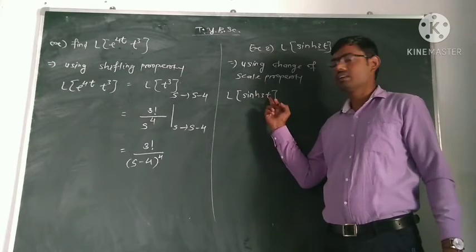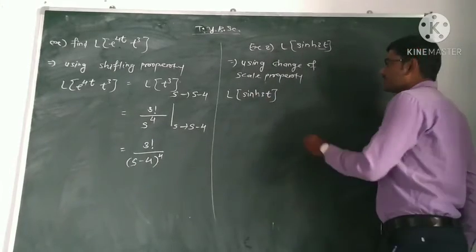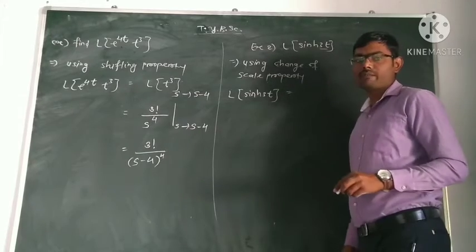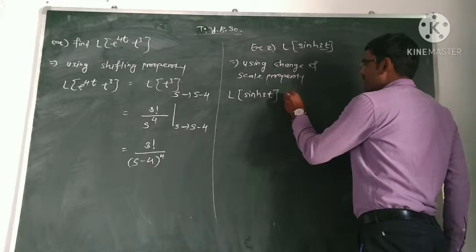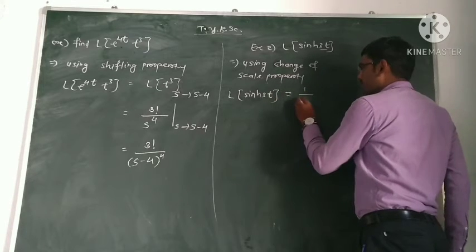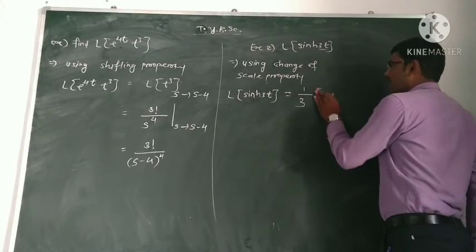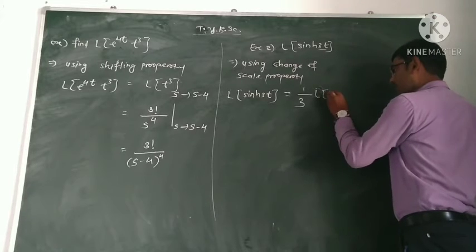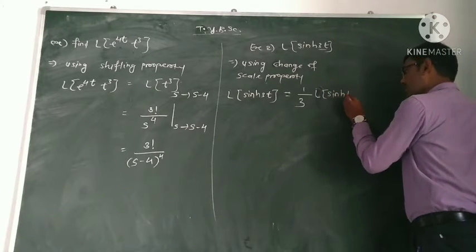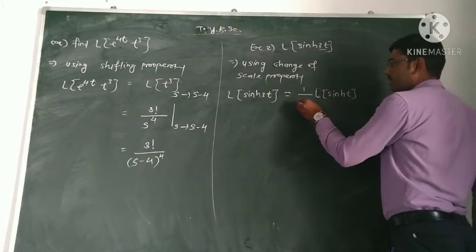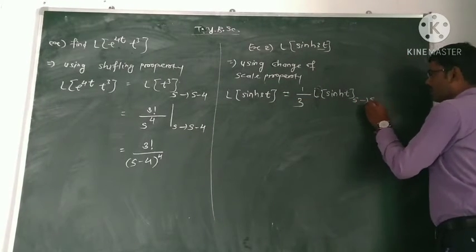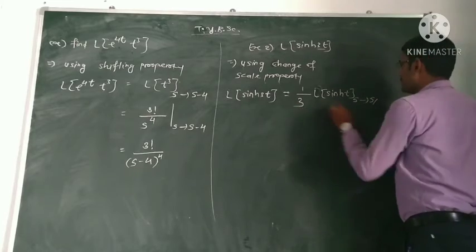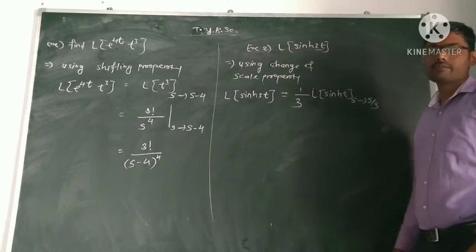The change of scale property says the Laplace transform of f of at is equal to 1 by a, here 1 by 3, into the Laplace transform of the function sinh t, with s shifted to s by a. Here a is 3, so s is shifting to s by 3.